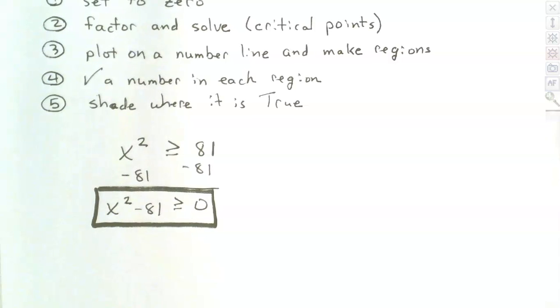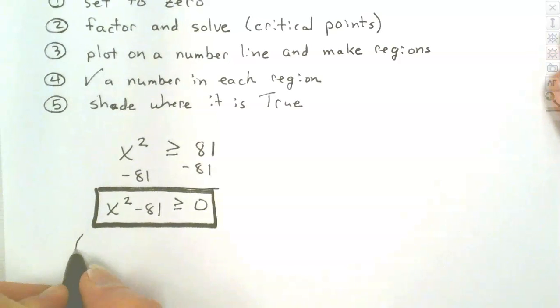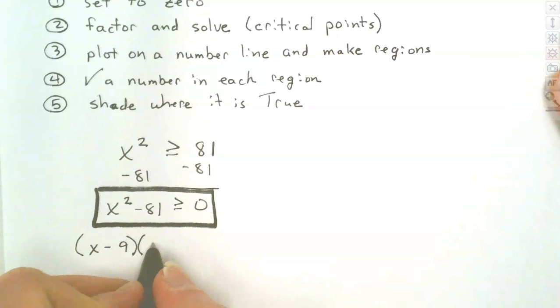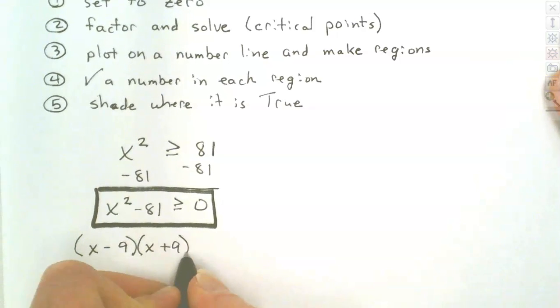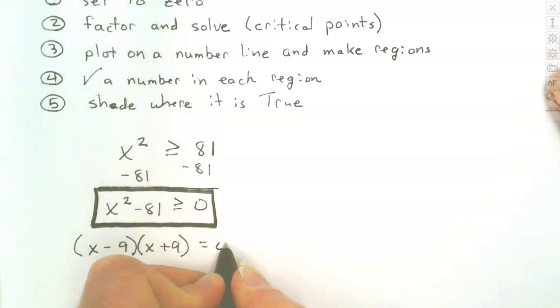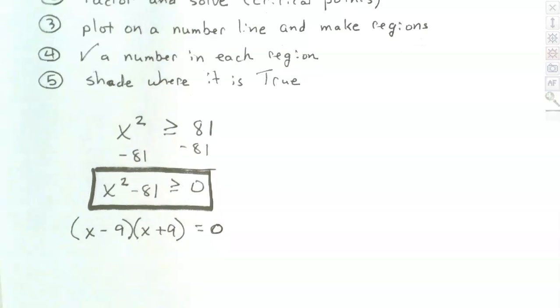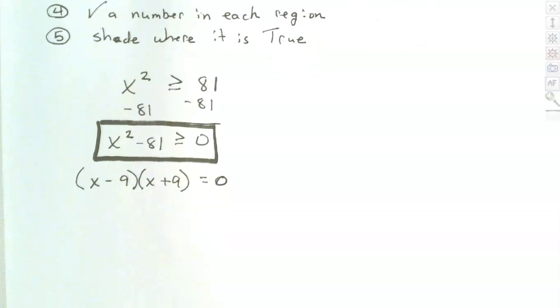Now, x squared minus 81, we can factor this as a difference of squares. That's going to factor into x minus 9 and x plus 9. And we'll replace that inequality with an equal sign so we can solve it. And what would my two numbers then be?